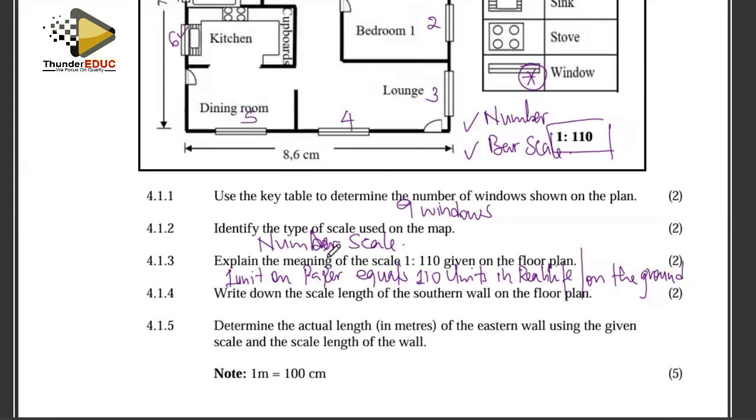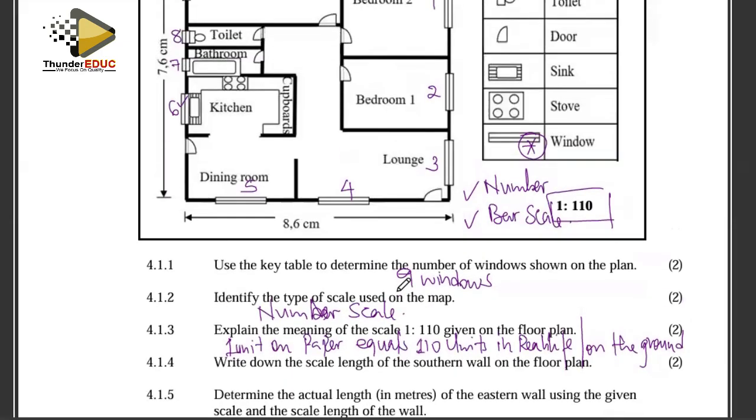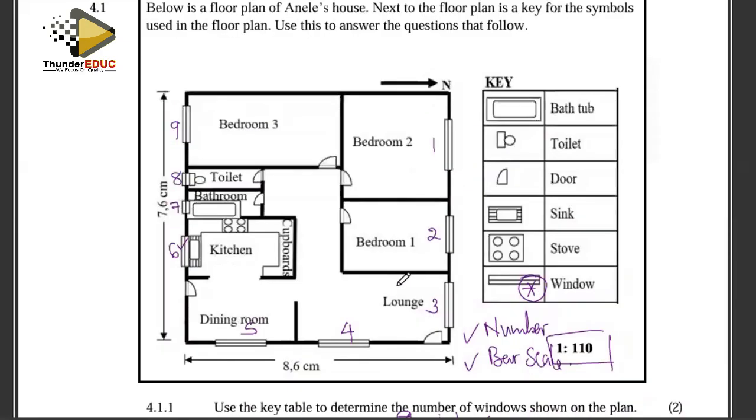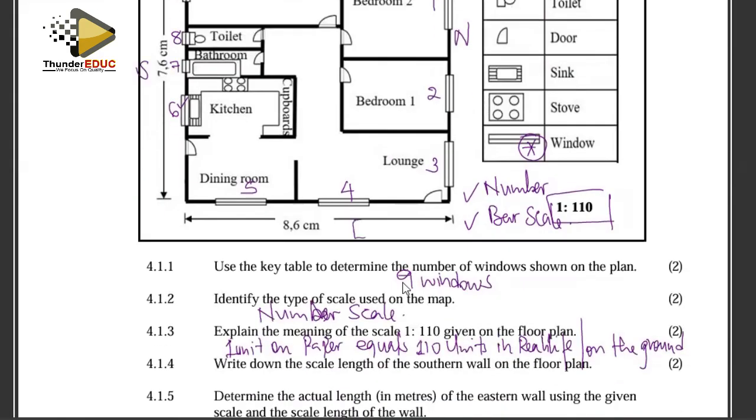Write down the scale length of the southern wall on the floor plan. All right, so the southern wall, now this is the north, meaning this is the south. If this is the south, this is the west, and if it's like that, this is the east. Why am I saying that?